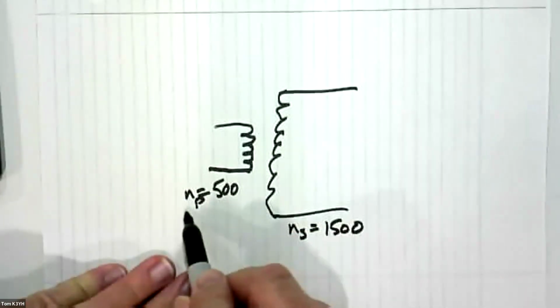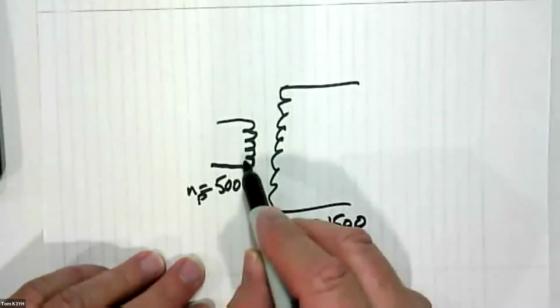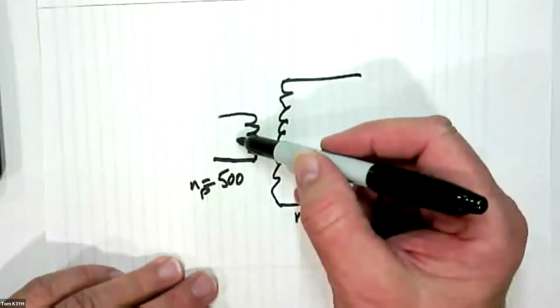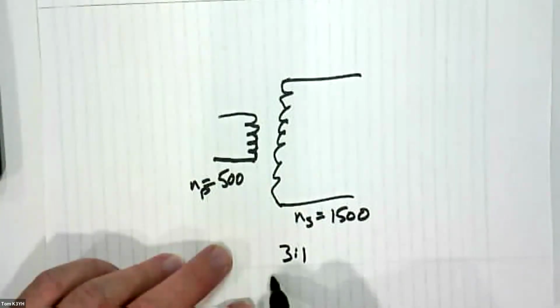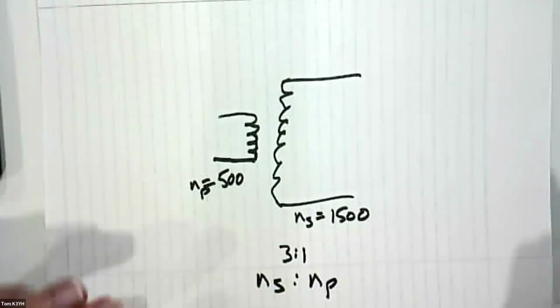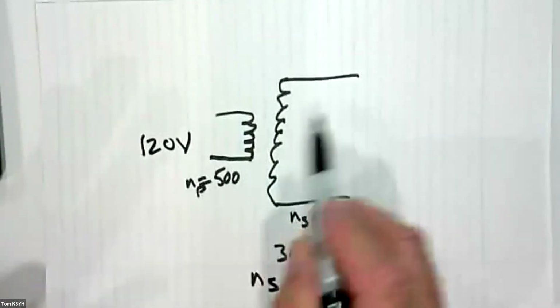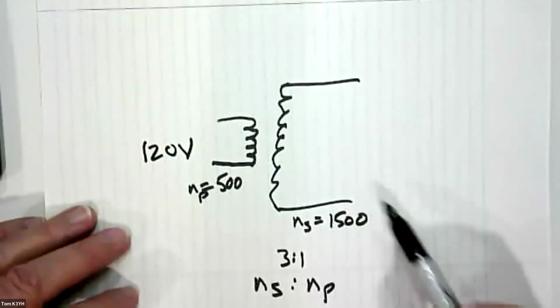Okay, so N is the number of turns, or some equivalent ratio. So the ratio is there's 3 on the secondary for 1 here. So I'm just going to say that that's a 3-to-1, where that's the secondary NS to NP. Okay, and they say I'm going to put 120 volts over here, AC. It won't work on DC. This is the whole basis for all electrical transmission right now.